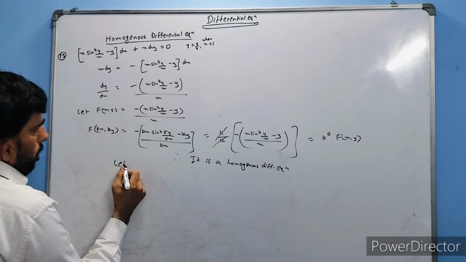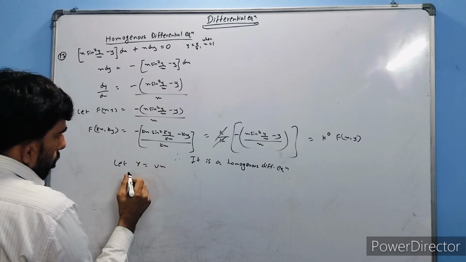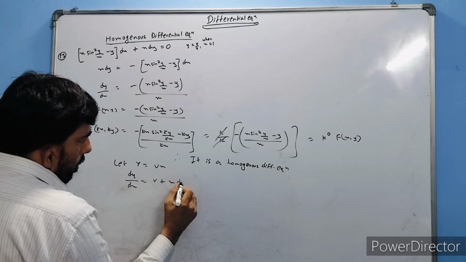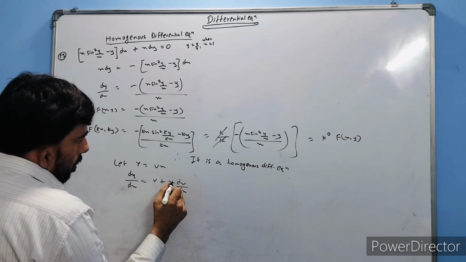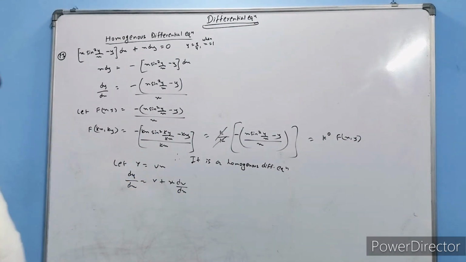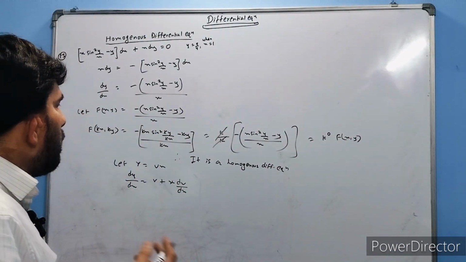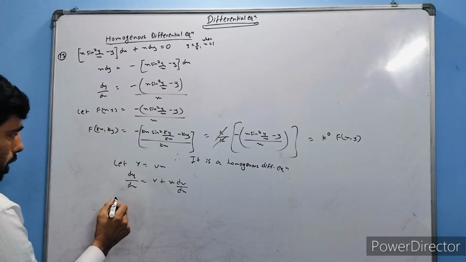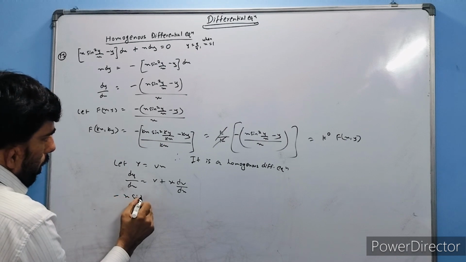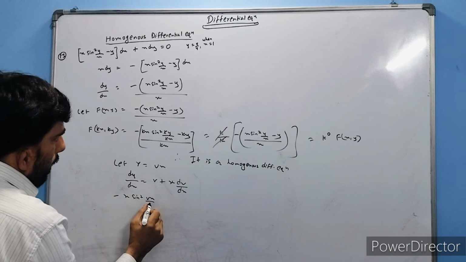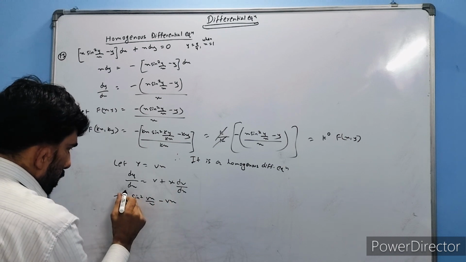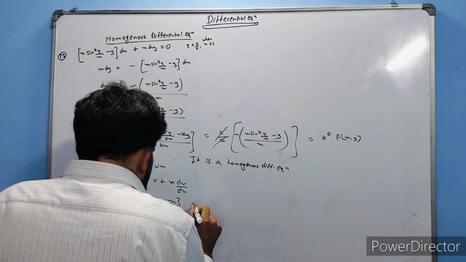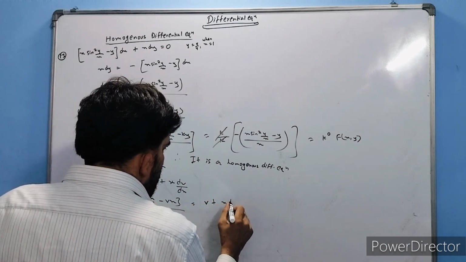So now we'll solve. Let y is equal to vx. So dy upon dx is equal to v plus x dv upon dx, using the product rule of differentiation. Now what is dy upon dx? We put minus x sine square (vx upon x) minus vx, upon x, equal to v plus x dv upon dx.